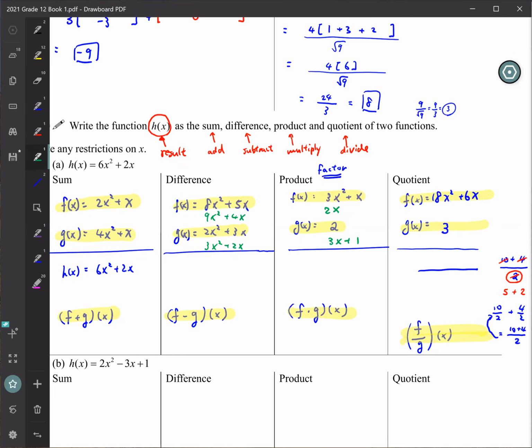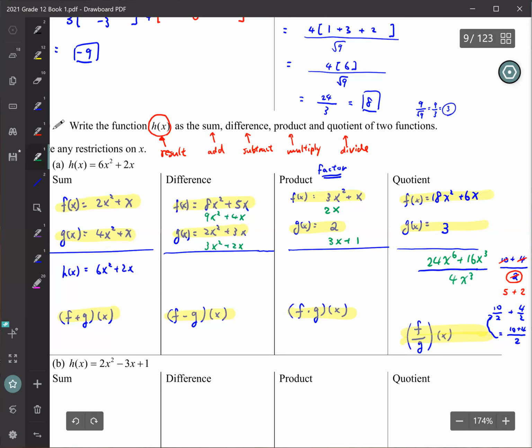Can the numerator be 24x to the power 6, plus 16x cubed? Okay, let's try. And then what do you want to put in the denominator? 4x cubed. Okay.